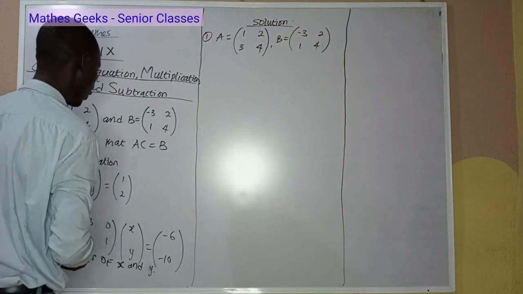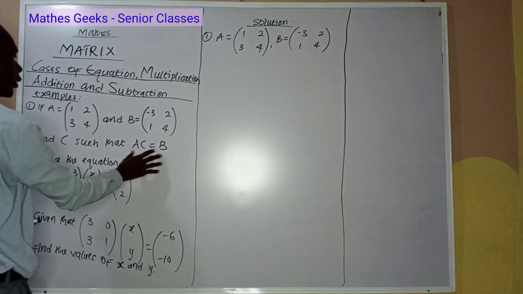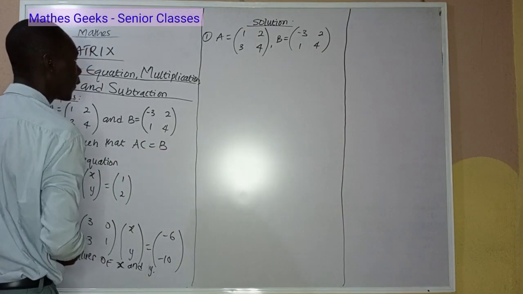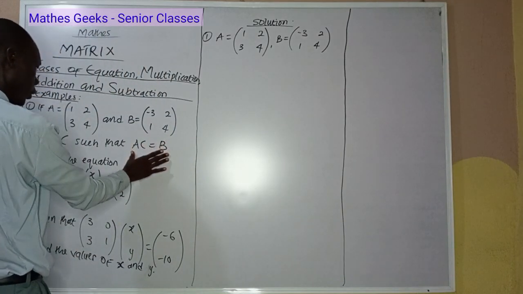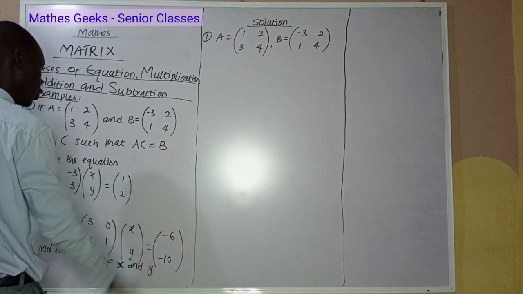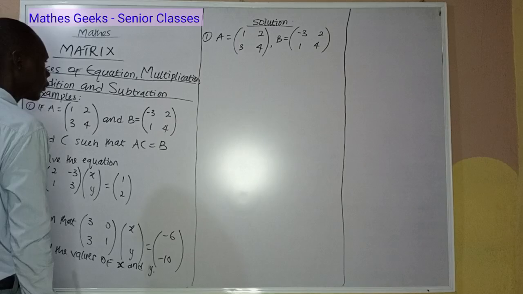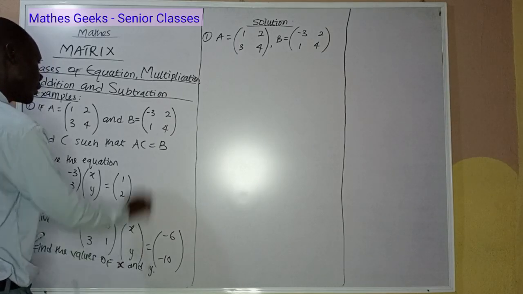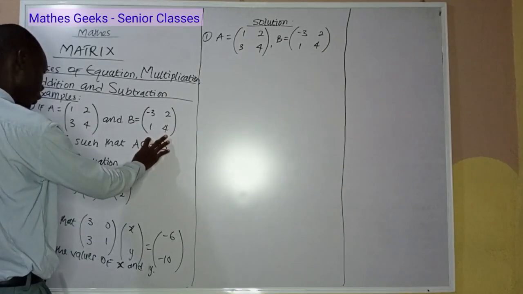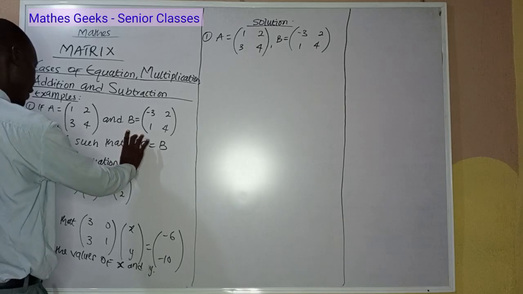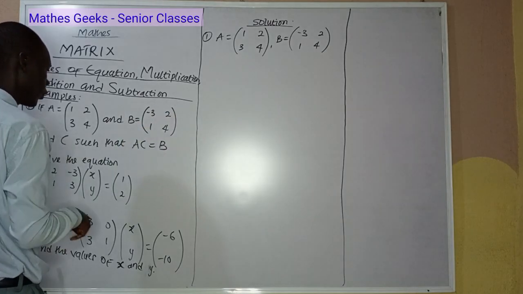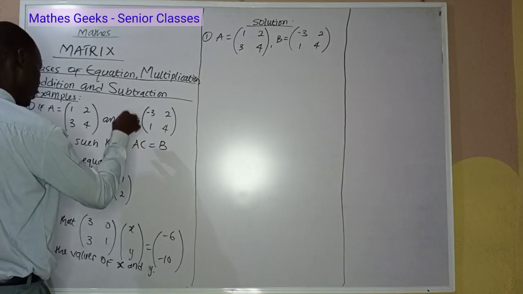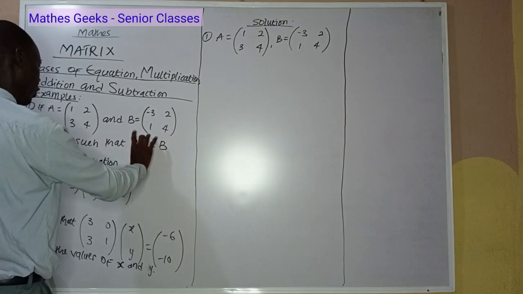Find C such that AC equals B. Okay, now this is an equation form. In other words, C is another matrix that when multiplied by A will give us matrix B, but we have to get the entries or elements of matrix C.